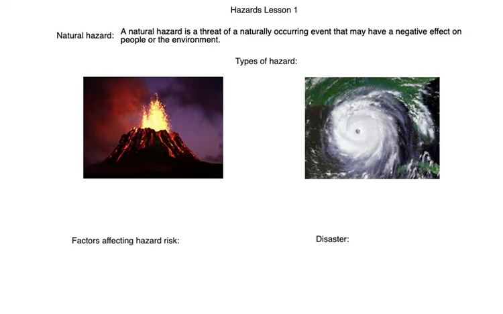Now, there are two main types of hazards. We have tectonic over here. This includes things like earthquakes, volcanic eruptions, and also tsunamis.